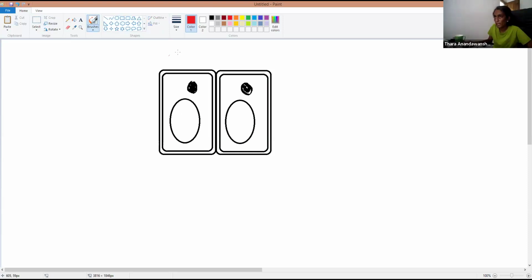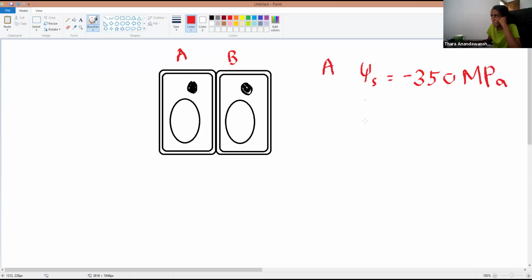This is cell A. This is cell B. A has this data: psi s equals minus 350 megapascals, psi p equals plus 200 megapascals.